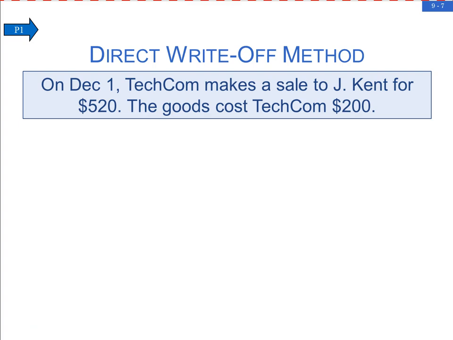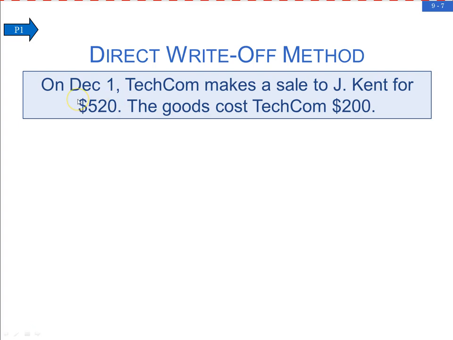Remember, of course, when we make a sale, there would be two journal entries, right? The revenue side and, of course, the inventory and cost of goods side. So the revenue side, well, we're generating $520 of revenue, right? And Mr. Kent is buying this, but he's, remember, purchasing this on credit, so he's going to owe us $520.